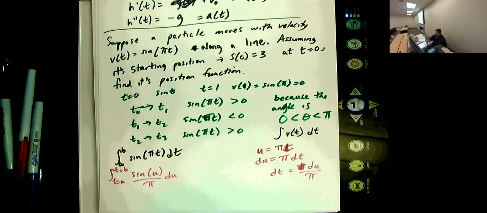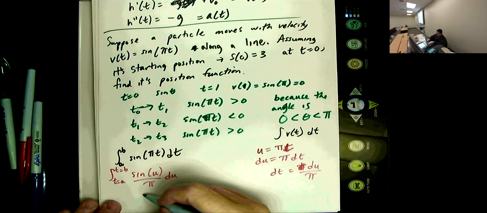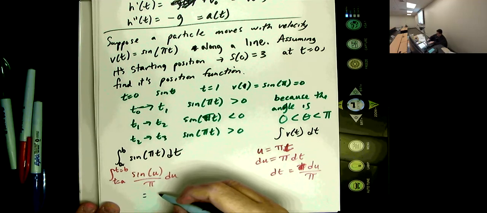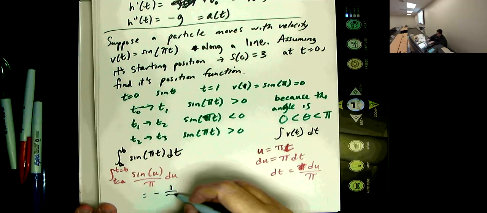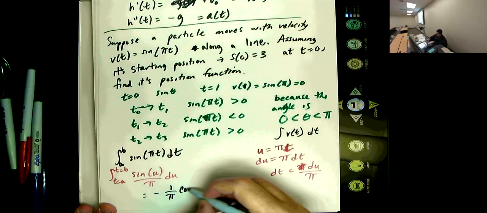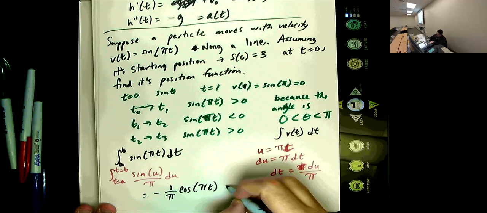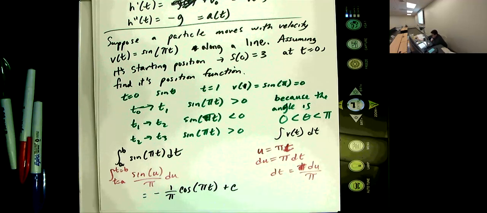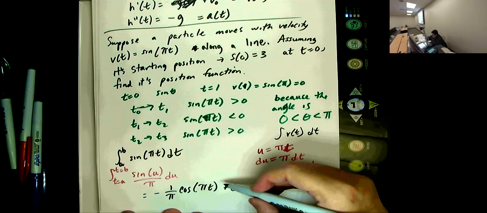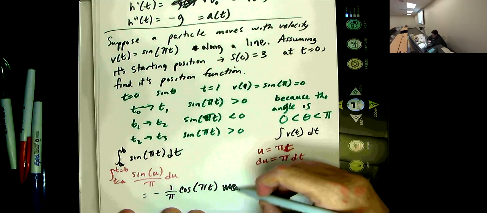Then when you integrate this, you get the integral of sine is negative cosine. We've got negative 1 over pi cosine of u, but u is pi t plus some constant. But we're doing it from a to b, so I don't need the constant.